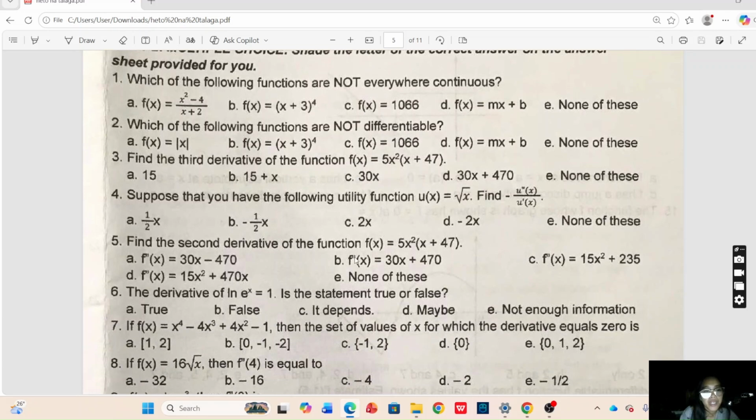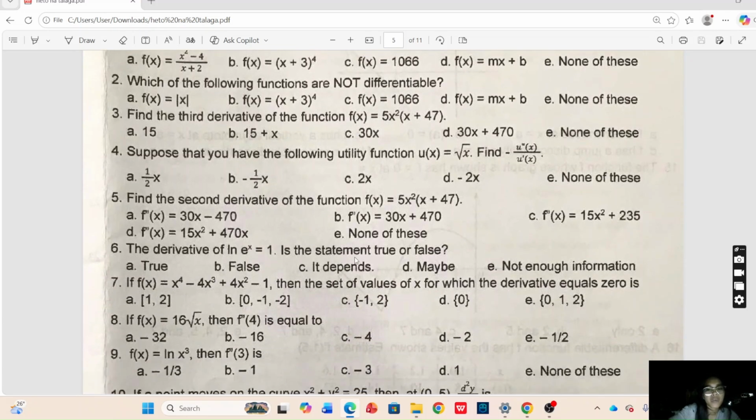And we have our number 3. The question states, find the third derivative of f of x equals 5x squared multiplied by the quantity x plus 47. The correct answer is letter D. That's correct because when we first expand the expression into 5x cubed plus 235x squared, differentiating once gives 15x squared plus 470x.